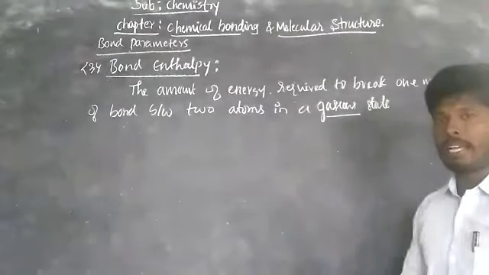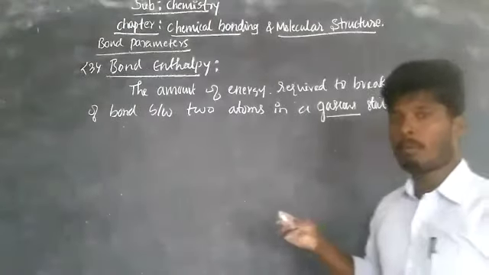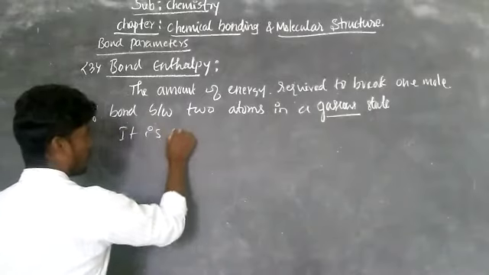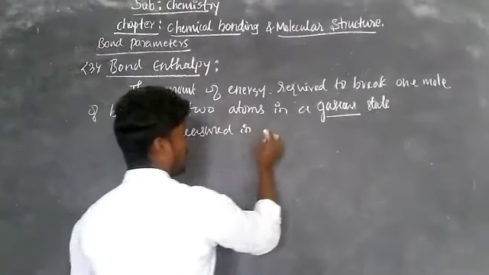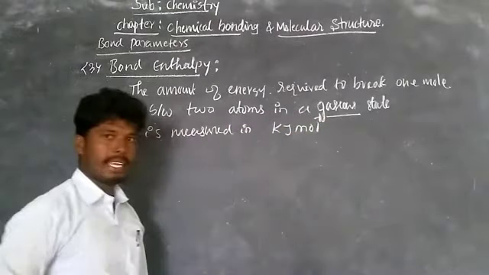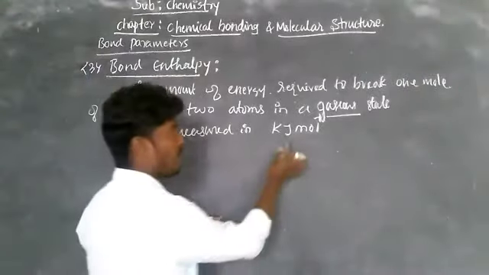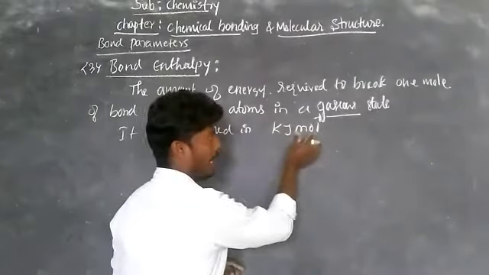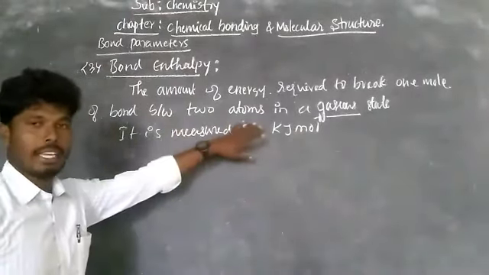This bond enthalpy is measured in kilojoules per mole. This is the SI unit to measure bond enthalpy, that is, how much energy in kilojoules is required to break 1 mole of bonds between two atoms in a gaseous state.